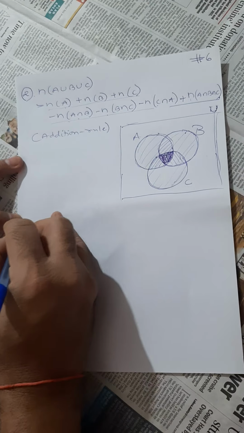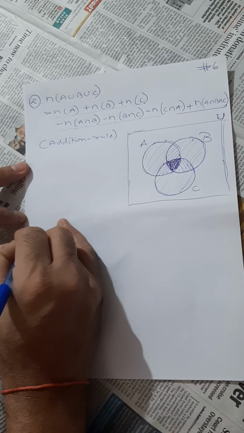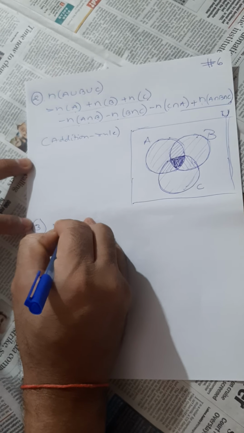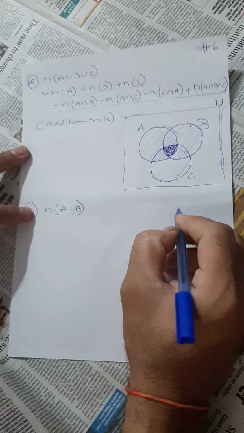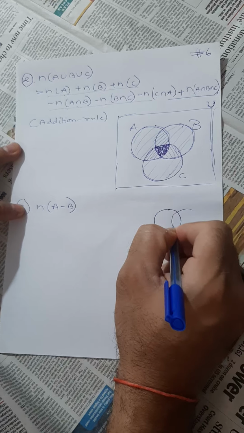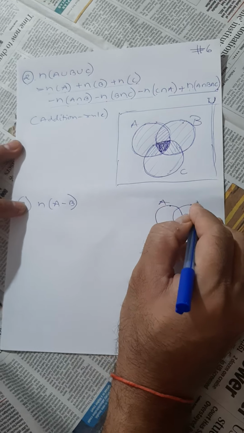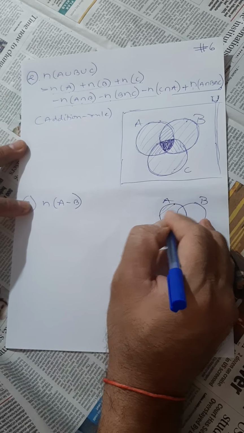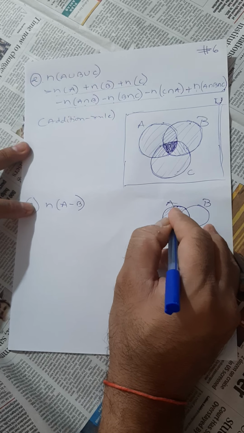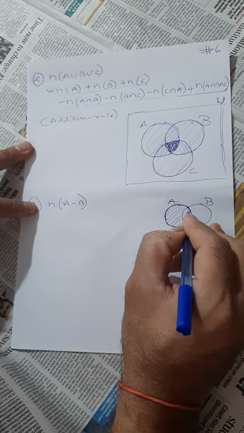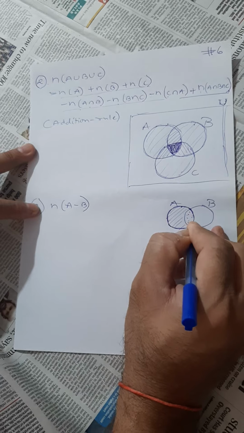Now next, the third one here, that is the number of elements in A minus B. This is A, this is B. You know A minus B is this. So the number of elements in A minus this much only.